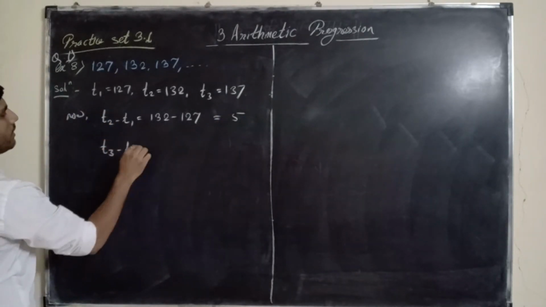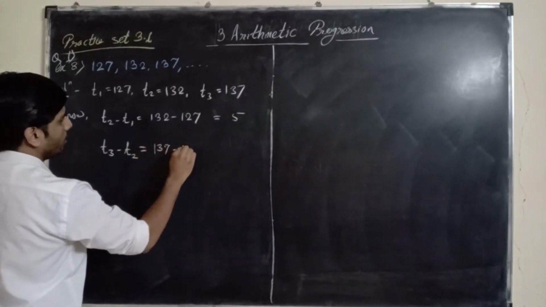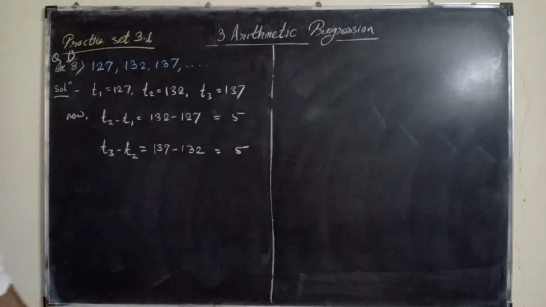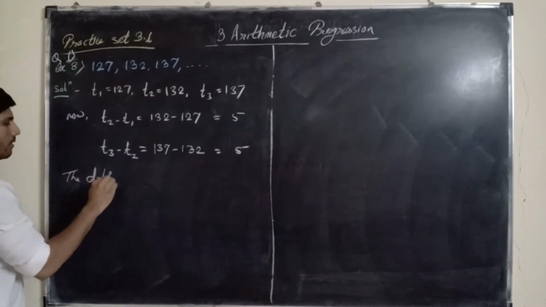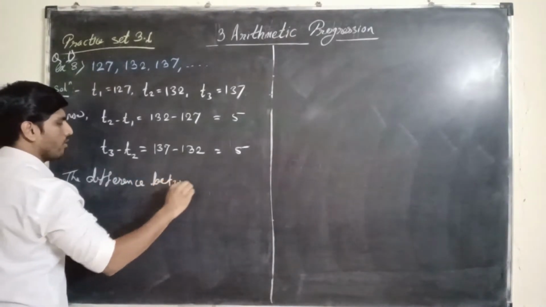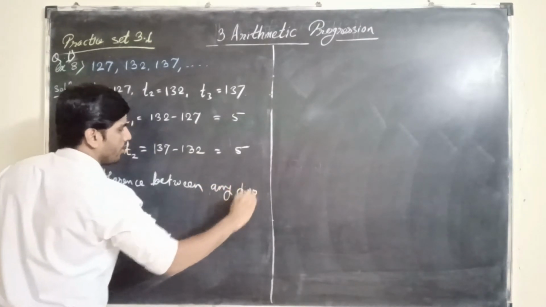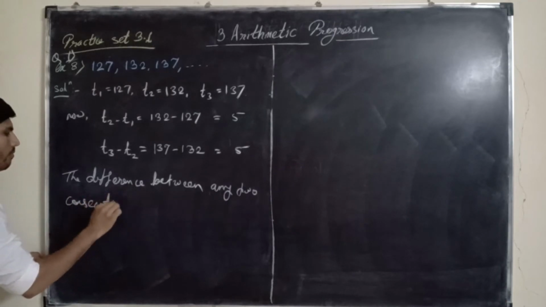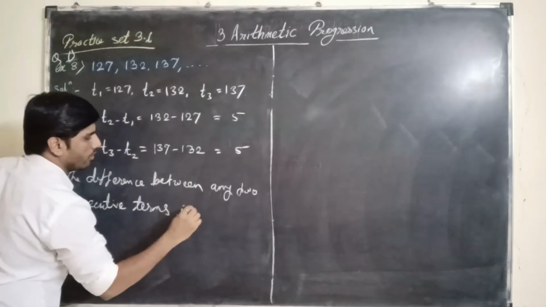Again we will find T3 minus T2, that is 137 minus 132, and again we are getting the difference 5, as the difference between any two consecutive terms is constant.